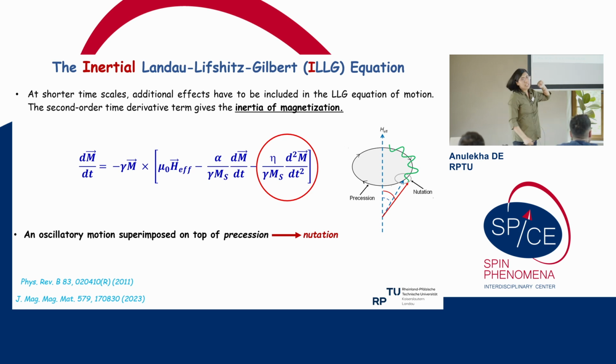This nutation was theoretically predicted a few years back, but experimentally only one group has reported its existence, and they did the experiments with resonant excitation of nutation by a terahertz pump and optical probe. But in this case, we are getting these high frequency nutation oscillations even if we excite the sample with a non-resonant optical pump.